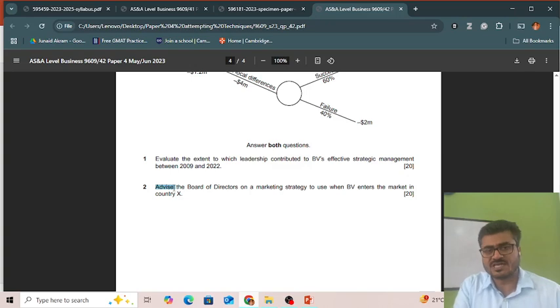So you need to advise, you need to choose a specific course of action and give the reasons and justifications why you have chosen that particular course of action, based on solid evidence and solid strategic analysis that you have conducted on the information that is provided to you by the examiner. So this is how you are going to attempt the second question.